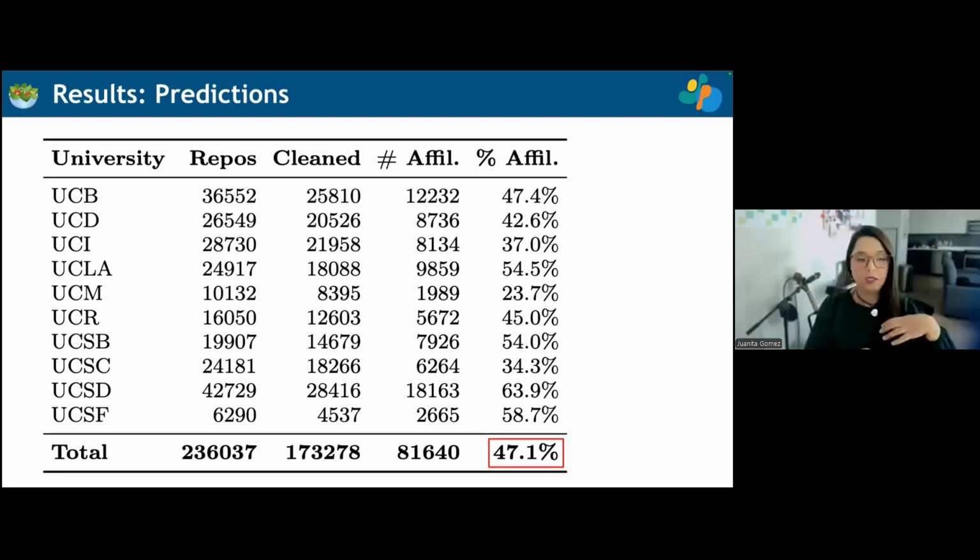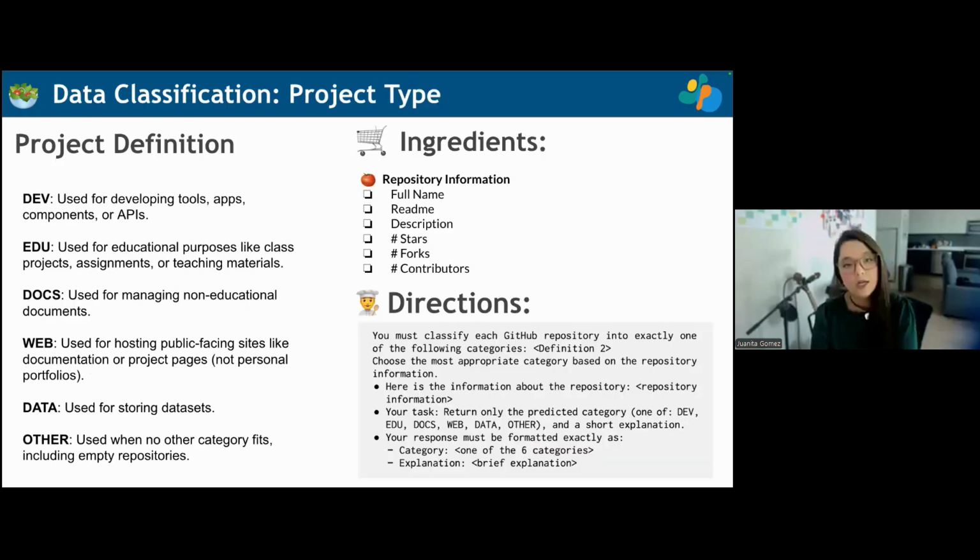Depending on whether you want to minimize false positives or false negatives, you can pick a threshold. For the other ones, I just stuck with 0.5. So anything that the LLM predicted as 0.5 or more, I said is affiliated. But you can pick your threshold depending on how strict you want to be about false positives.